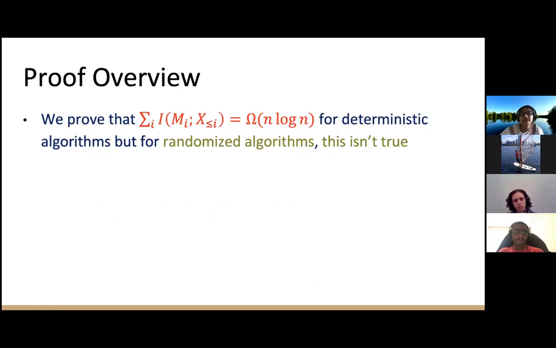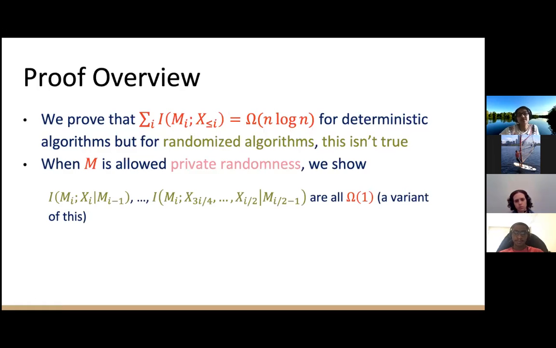In fact, we are able to prove a variant of such a statement for deterministic algorithms, and when we sum from i equal to 1 to n, you get that with respect to the second definition of information cost, the information cost is at least omega n log n. But for randomized algorithms, this isn't true.